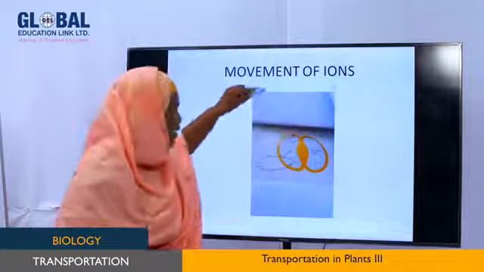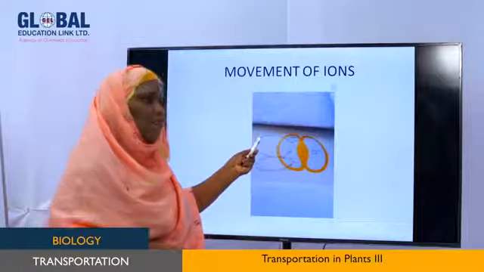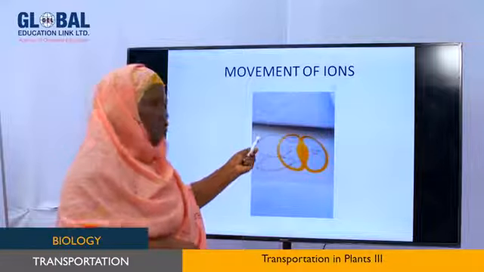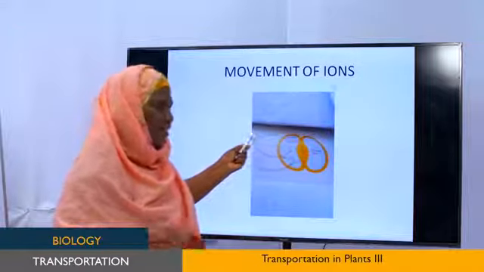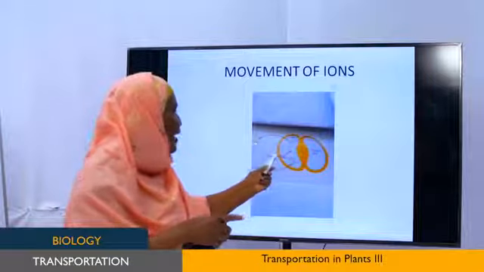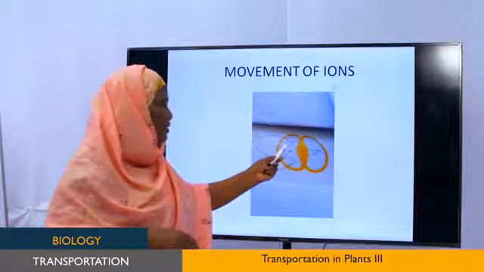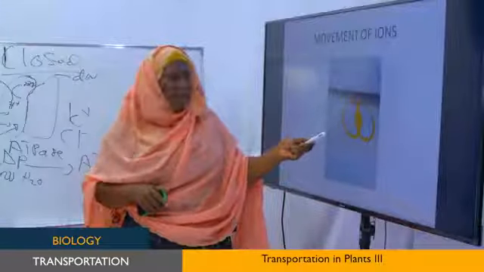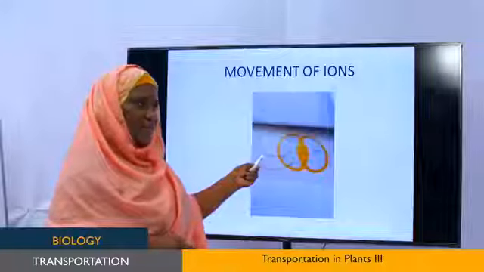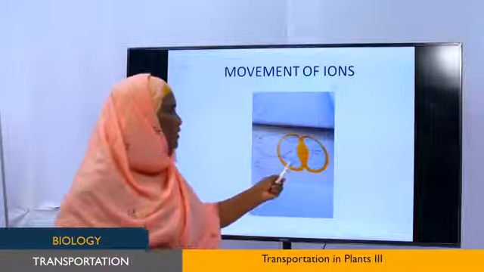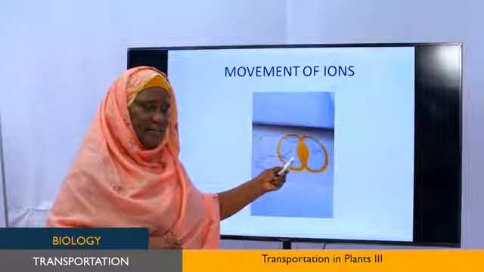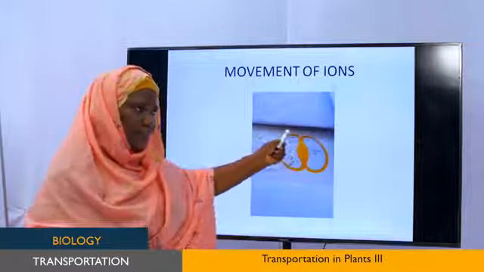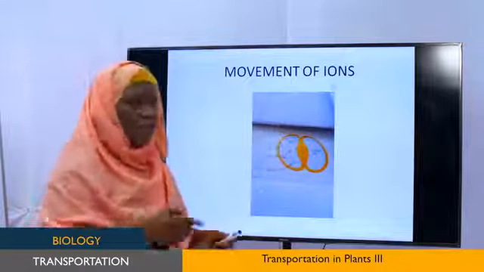This ATP is used to pump out hydrogen ions. When hydrogen ions are pumped to the other epidermal cells, then they enter again to the guard cells through carrier protein. They carry also ions like chloride ions. Also potassium ions enter the guard cells. The influx of these ions allows the entry of water.